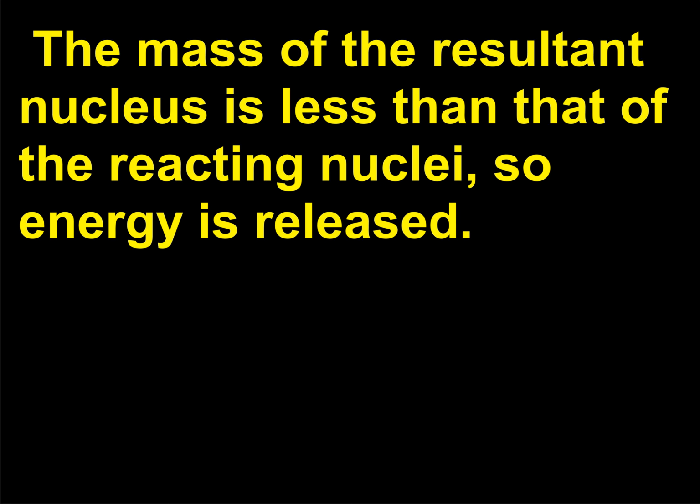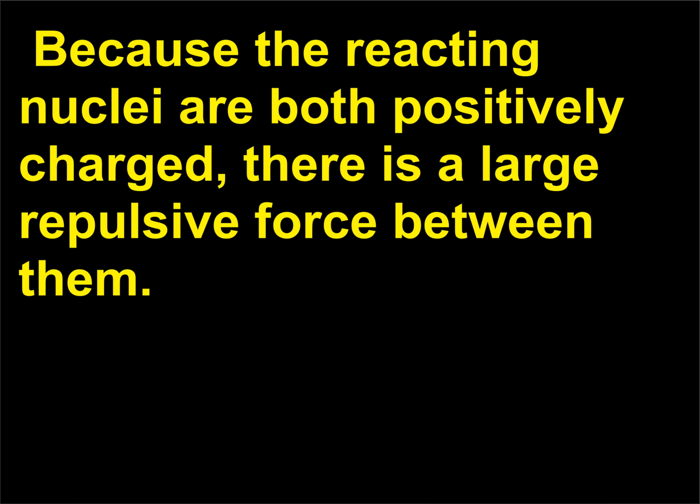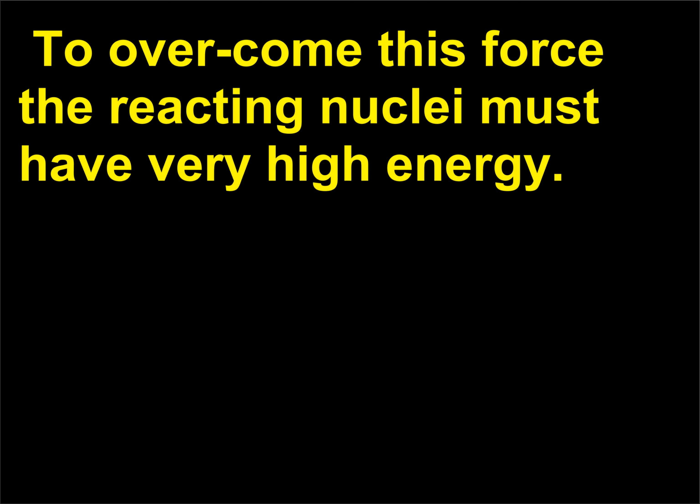The mass of the resultant nucleus is less than that of the reacting nuclei, so energy is released. Because the reacting nuclei are both positively charged, there is a large repulsive force between them. To overcome this force, the reacting nuclei must have very high energy.